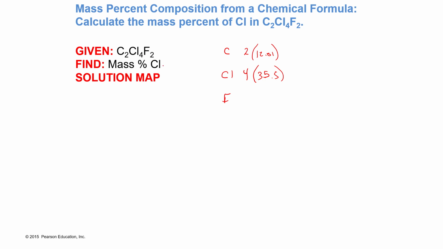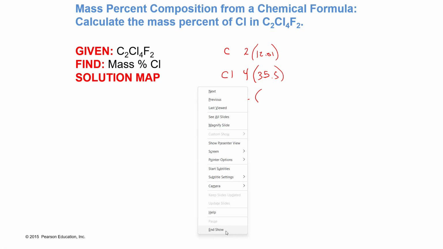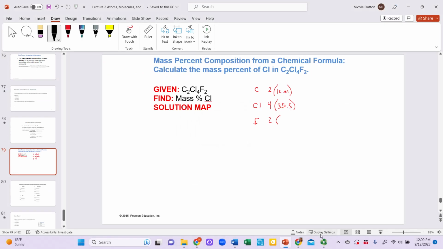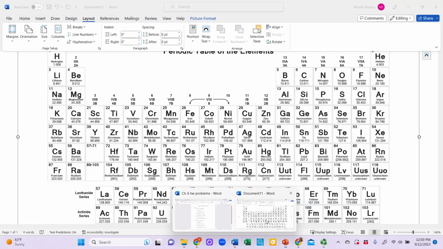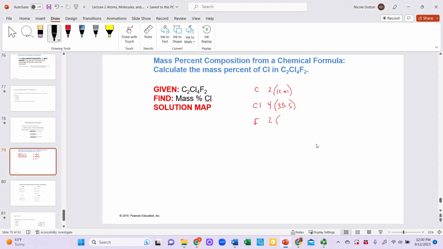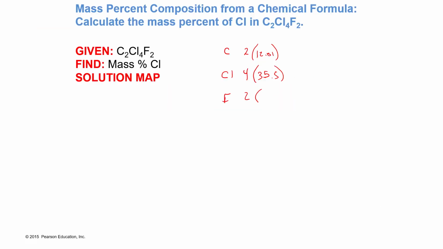Then we have 2 fluorines, and I need to actually look that one up, I don't have fluorine memorized. Fluorine, we'll round that to 19 grams.